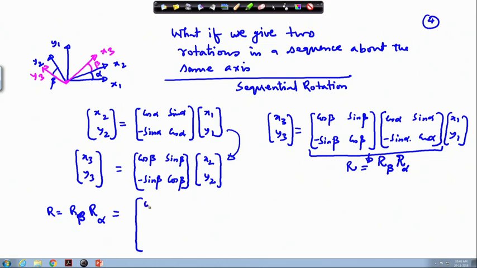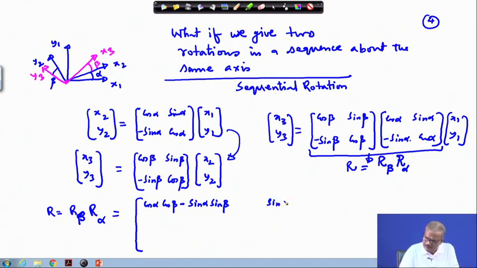So, this becomes cos alpha cos beta minus sin alpha times sin beta, then sin alpha cos beta plus cos alpha sin beta, taking this one.